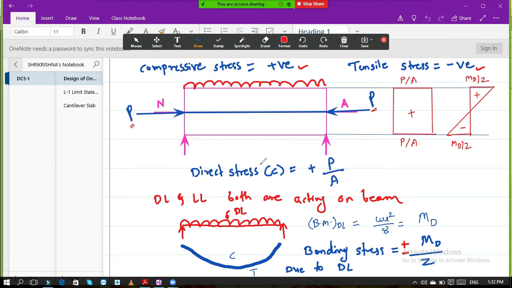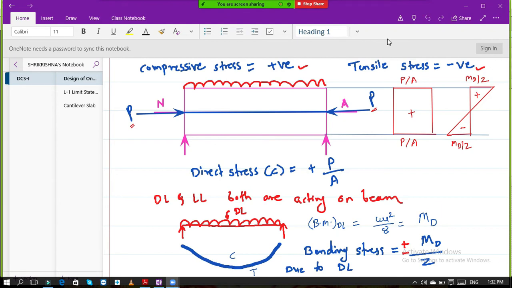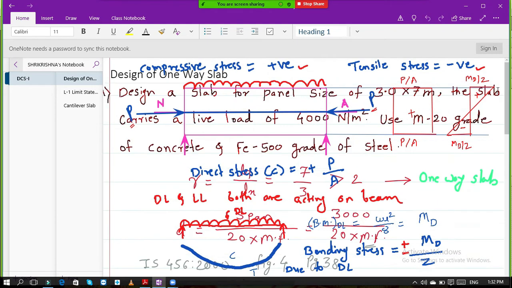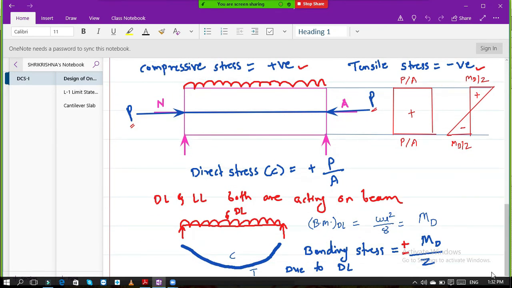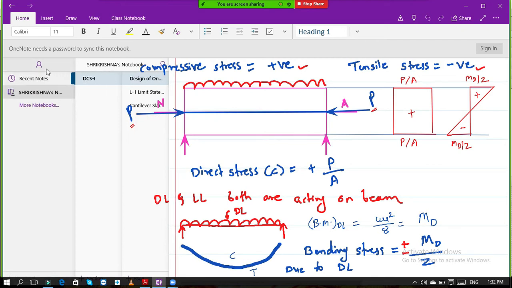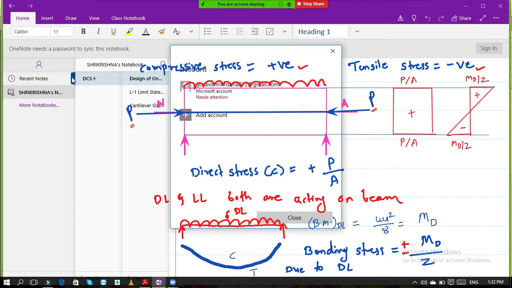Similar thing is there with live load. So if we consider live load, just wait a moment. This page is not shifting.